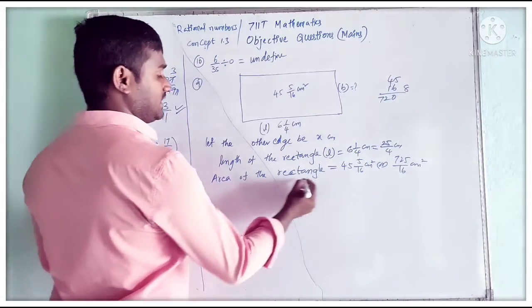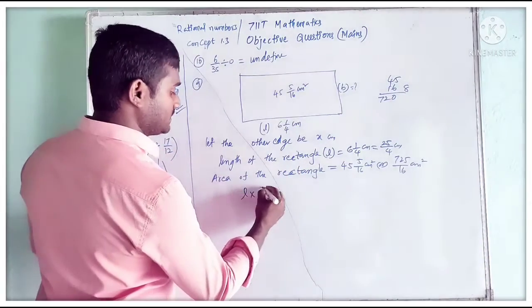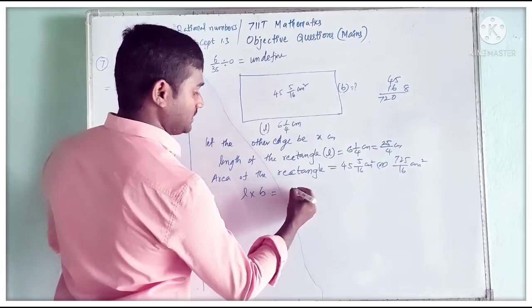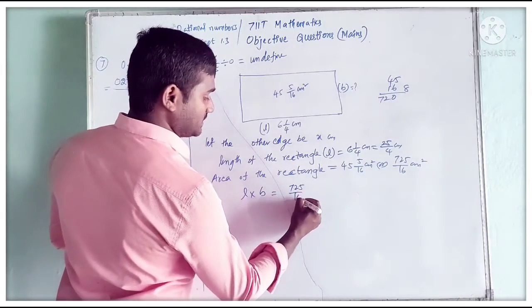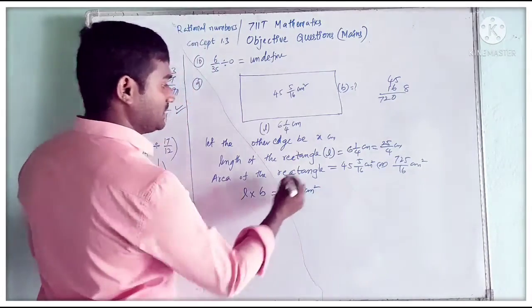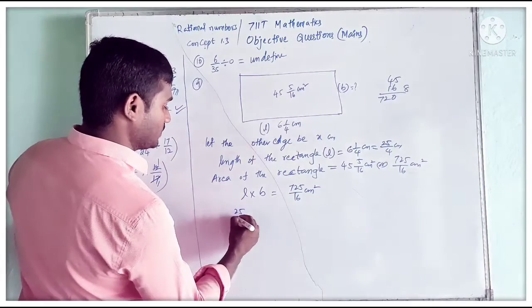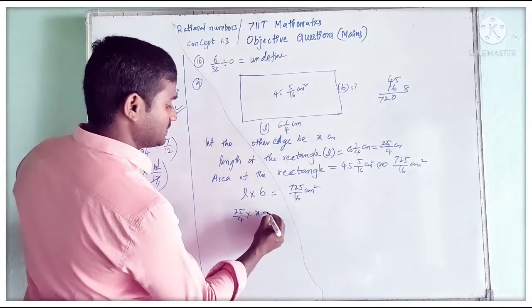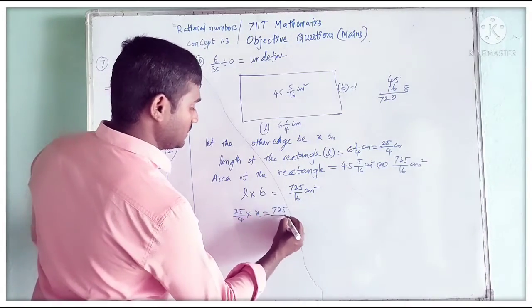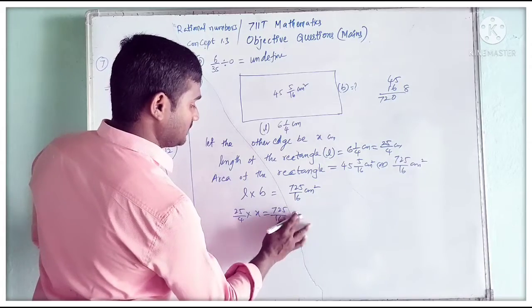So area of the rectangle is nothing but length into breadth. So that is 725 by 16 centimeter square. Length is 25 by 4. Breadth is x. So that is equal to 725 by 16 centimeter square.